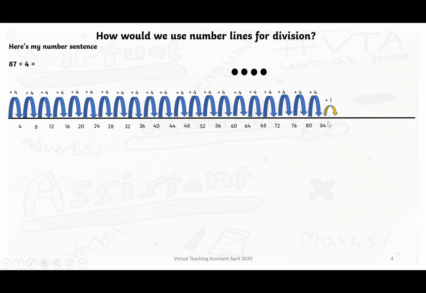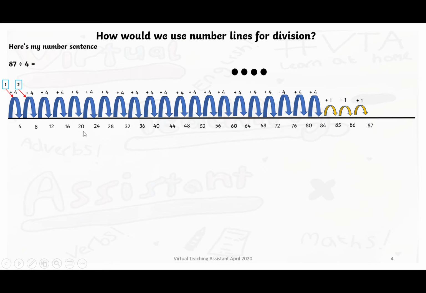Now, I've done these smaller now because I'm not counting in 4s anymore. I'm counting in 1s now, because 84, 85, 86, 87, because if I added another 4, that would take me higher than 87, and I'm not allowed to go past 87. Now we need to count the jumps. How many jumps have I done?